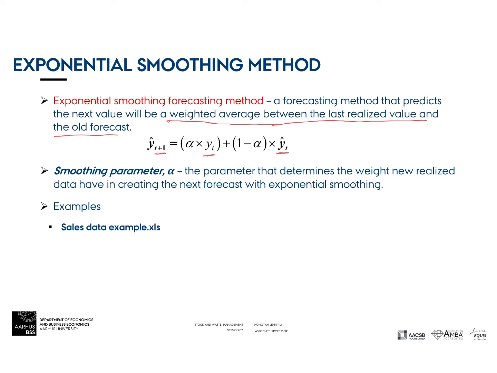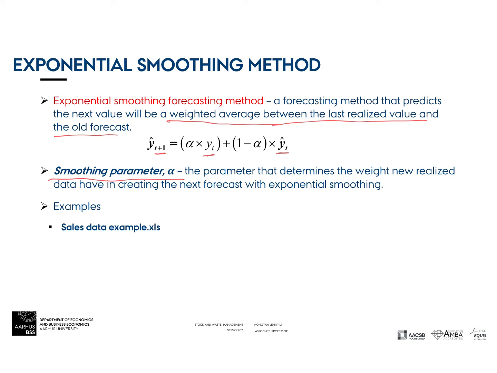Then you add them as a weighted sum, where alpha is called the smoothing parameter. Use alpha to get a weighted sum of the current realized demand and the historical realized demand. In the textbook, they try to explain why this formula is a weighted sum of the current value and the previous value.